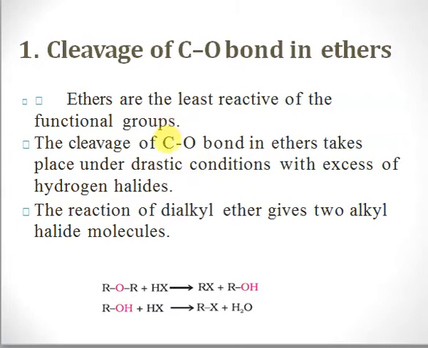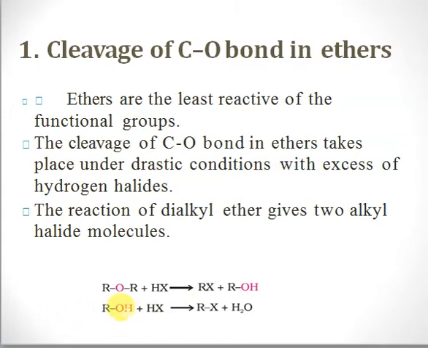So to break this carbon-oxygen bond in ether, you have to make use of strong conditions, which means we have to make use of excess hydrogen halide, right? Ethers, when reacted with excess hydrogen halide, result in breakage of this carbon-oxygen bond.